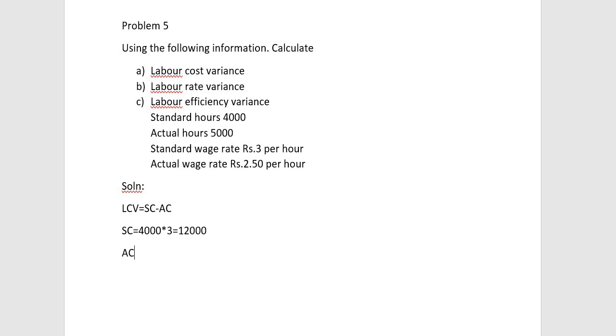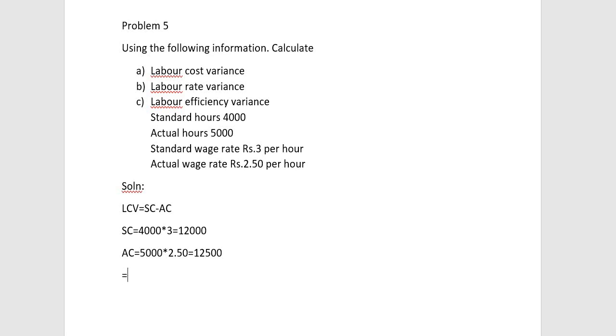Actual cost of labor is actual hours multiplied by actual rate: 5,000 multiplied by 2.50 per hour, that is 12,500.